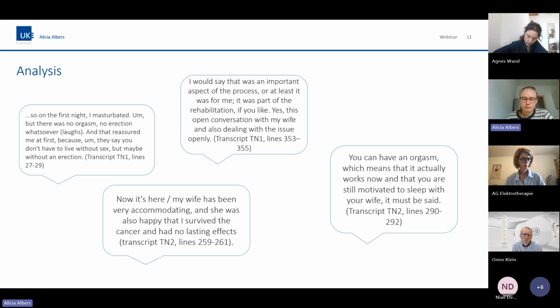And the other thing that's really interesting, I think, that will be shown in my results as well, is that one interviewee said that even though the erectile function is not as it was before, things like sexual desire are not gone as well. So this is something I think is really important when thinking about treating erectile dysfunction.